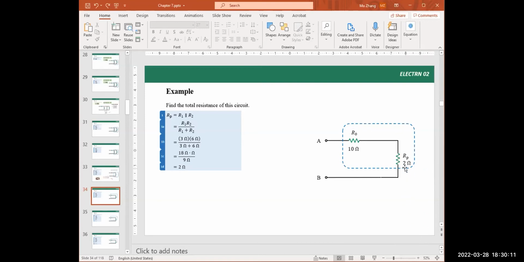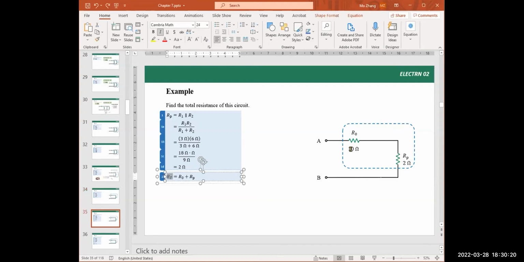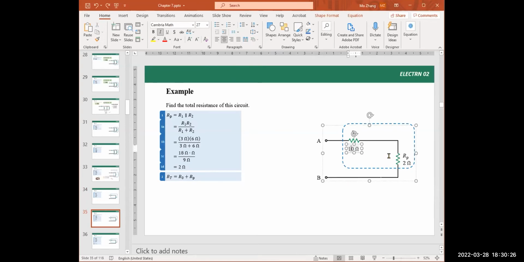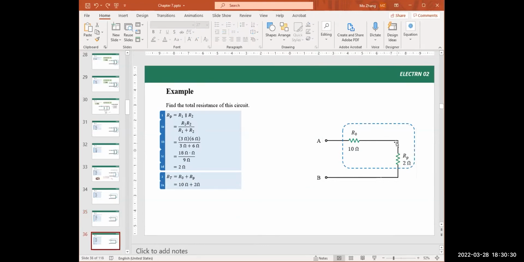Just the summation, right? Just add all the resistors. So the next step is the total resistance of the circuit is the summation of R0, which is 10 ohm, and then added to RP, that's 2 ohm, since they connected in series. And so 10 ohm plus 2 ohm, the answer equal to 12 ohm.